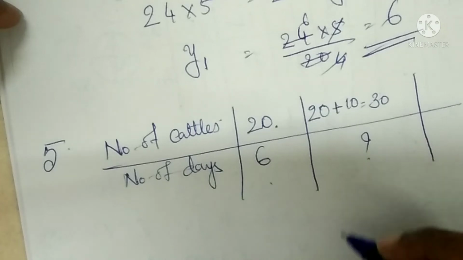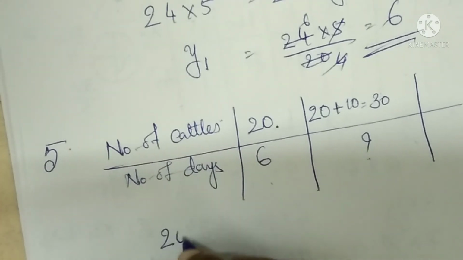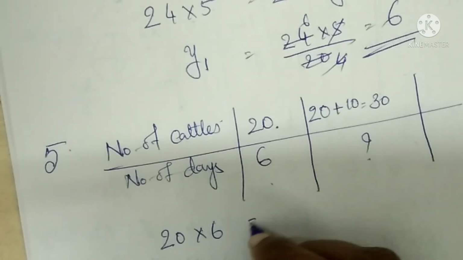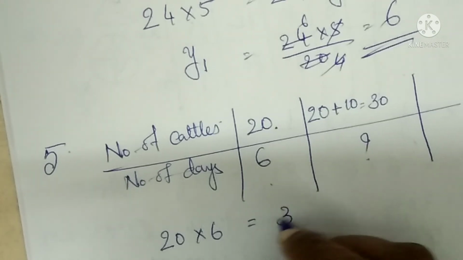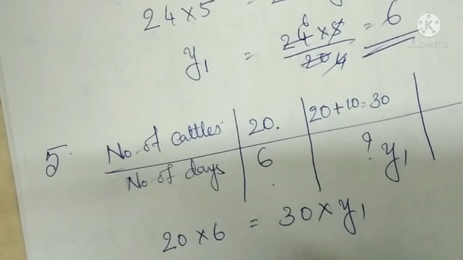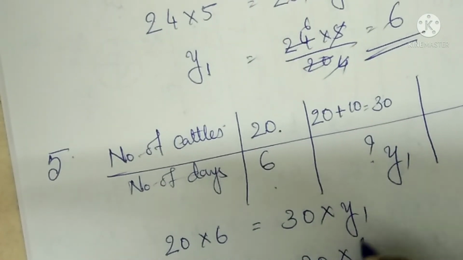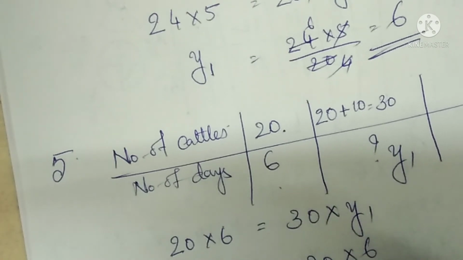Okay, so here again, if you increase the number of animals, naturally the number of days will decrease. So 20 into 6 is equal to 30 into y1. So y1 is equal to 20 into 6 upon 30.